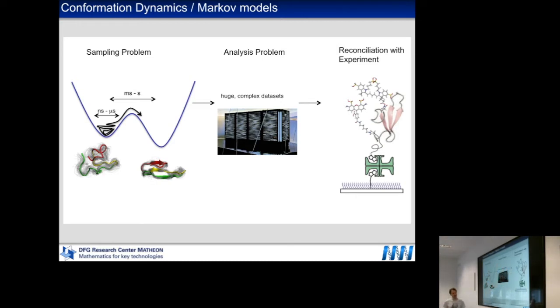And finally, we would like to reconcile our simulation data with experiment. So the question arises, can we compute certain experimental quantities from the data? And how can we compare to experimental data? And if there is a disagreement, what do we do about it?